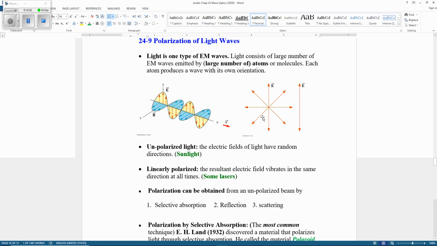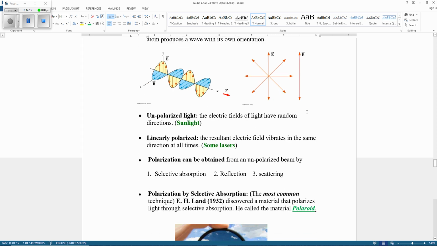Okay, so sometimes we want to use polarized light. How can we change from this one to that one? There are three ways to make polarized light. The first one, we can choose selective absorption.